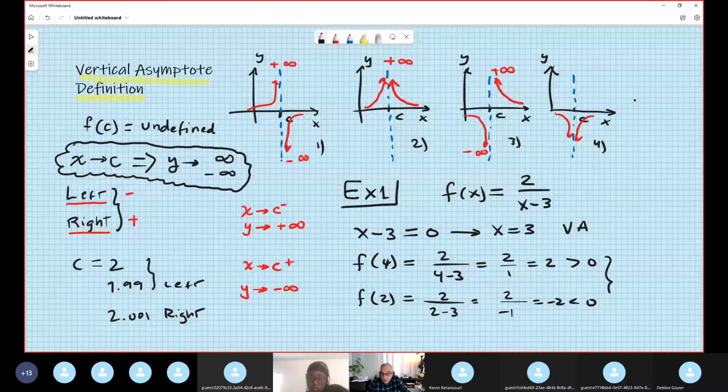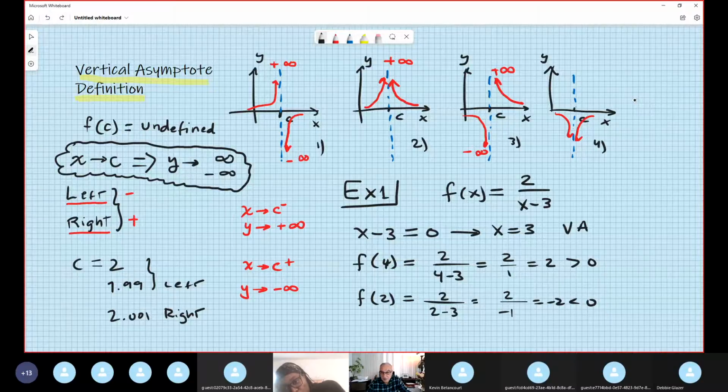So, according to this conclusion, our graph looks like that. Suppose c equals 2. When you evaluate 4, it's positive. Sorry, mistake. The asymptote is at 3.